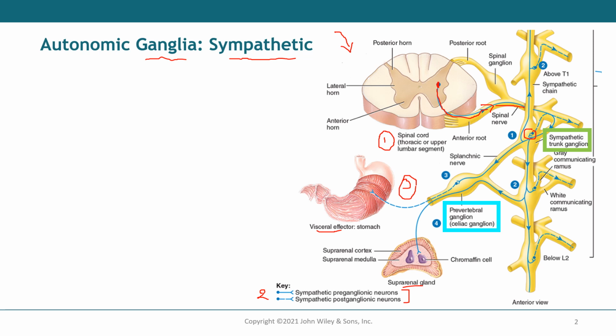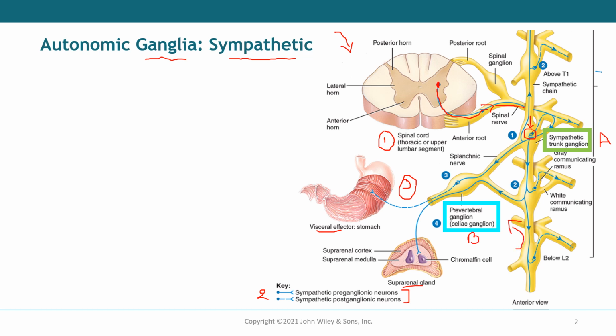There will be a synapse in this area, and there will be this collection of cell bodies. In this case, let's put A, the first major ganglia of the sympathetic is called the sympathetic trunk ganglia. And the second one, let's put a B, is the prevertebral ganglia.